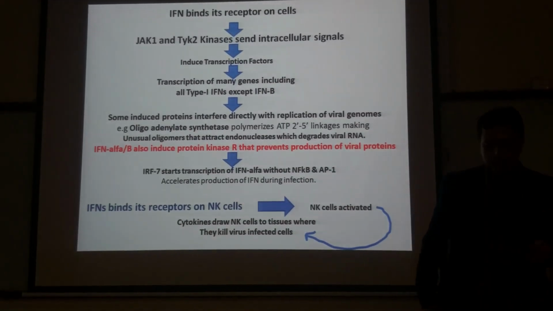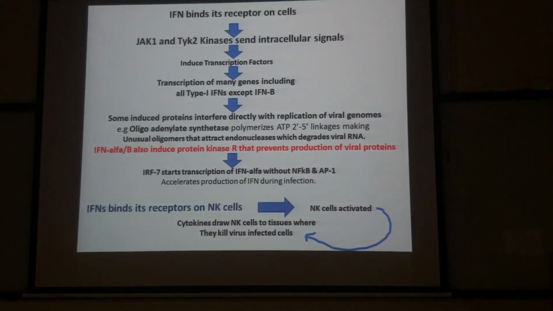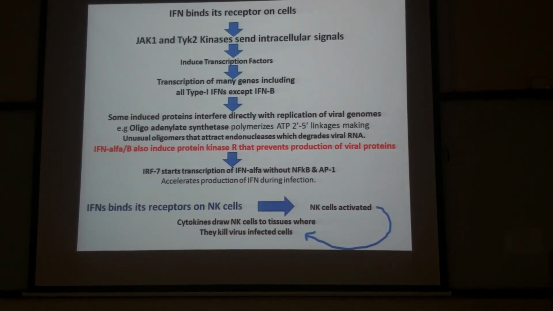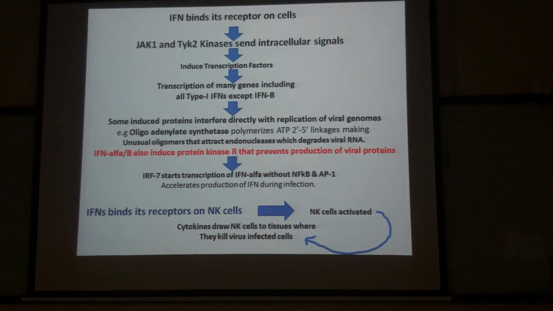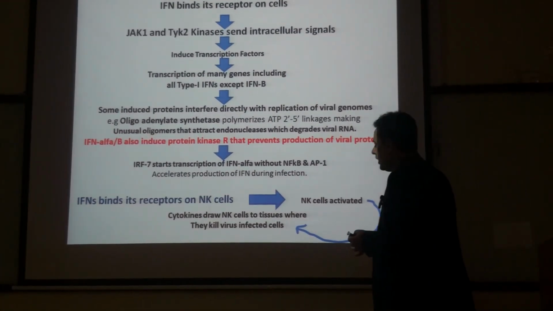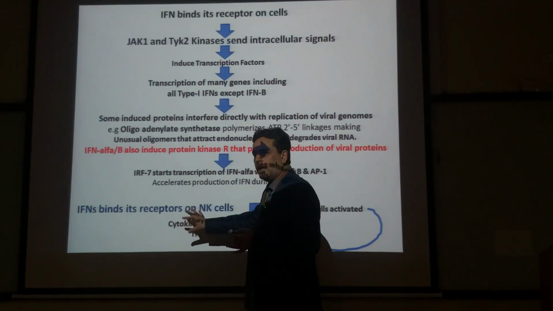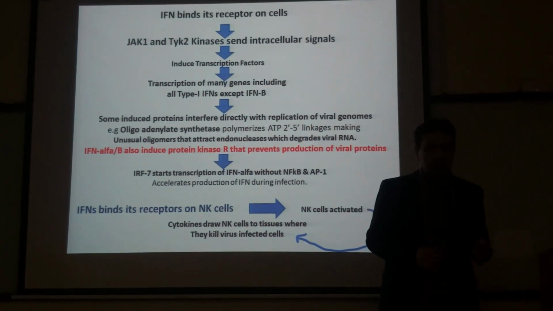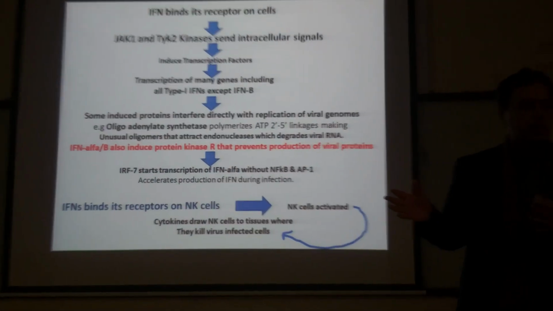And once these are activated, these natural killer cells are going to find the viral infected cells and kill them. And cytokines draw these natural killer cells to tissues where they kill virus-infected cells. They are invited to the site of infection with the help of different cytokines that we would study in our future lectures.